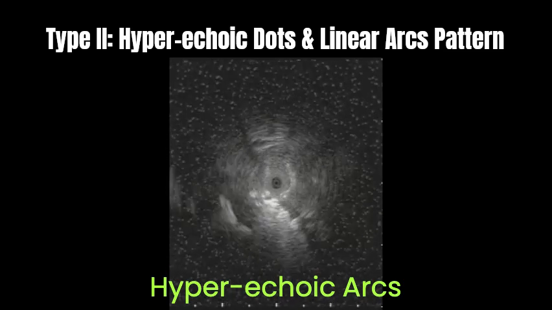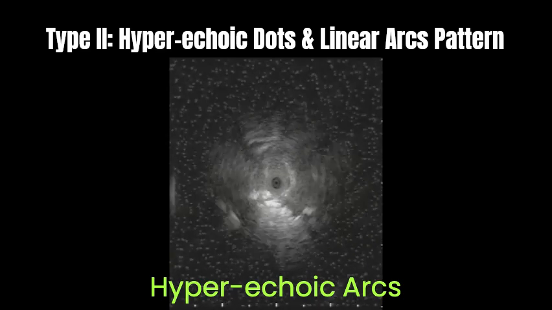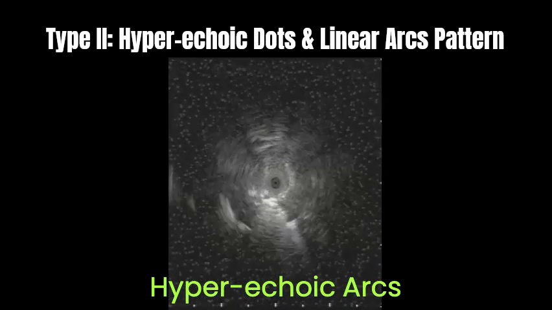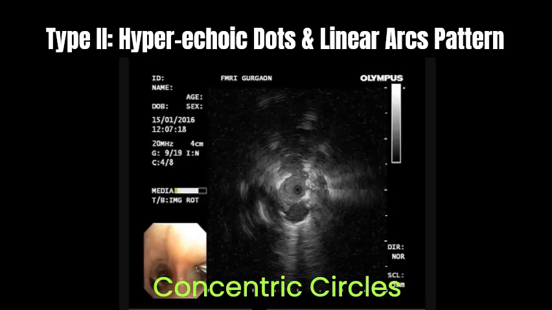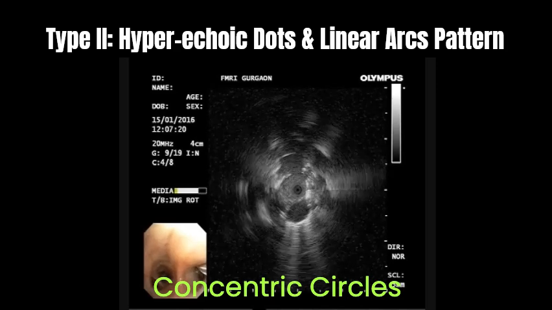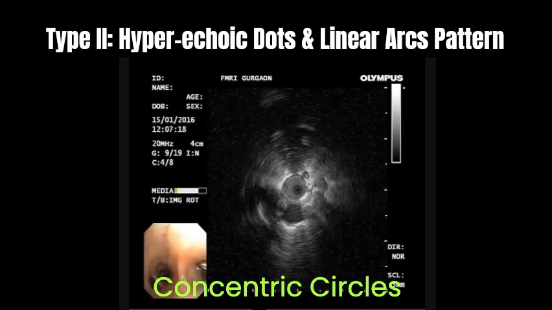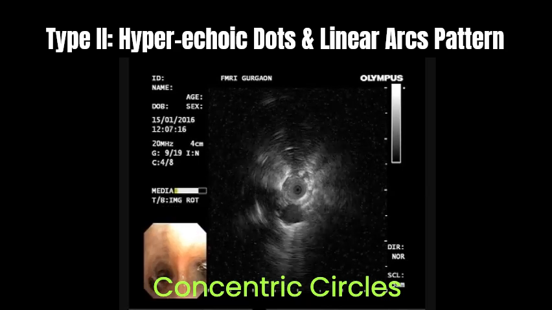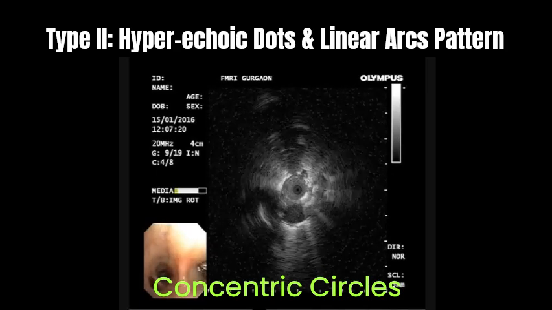Hyperechoic arcs are formed by the merging of hyperechoic dots, usually around the probe, and are produced by a random presence of exudate-filled and air-filled alveoli. Concentric circles are formed by the merging of hyperechoic dots around the radial probe due to the presence of preserved, intact architecture of the bronchioles. Most cases involving type 2 internal hyperechoic dots, linear arcs and concentric circles represent benign lesions.